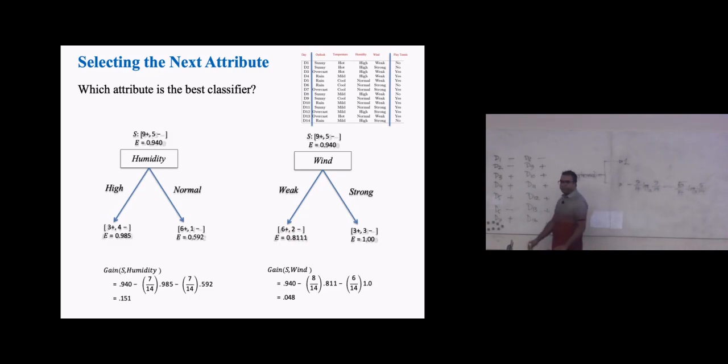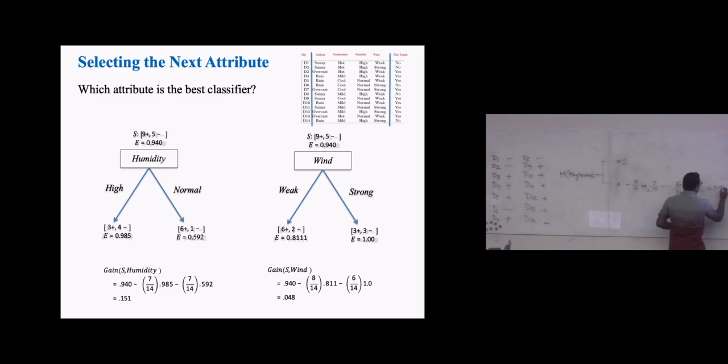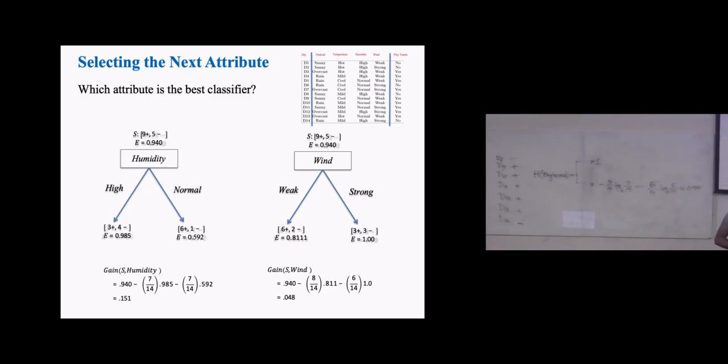Clear? Any question on this? And what is this value? This is equal to 0.94, right? I mean, if you compute that, that's what it's going to be.